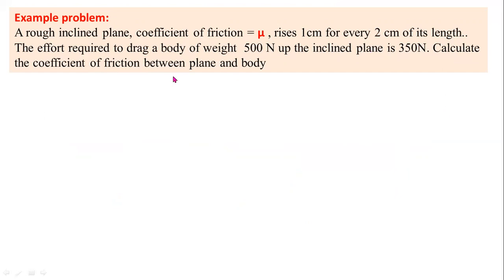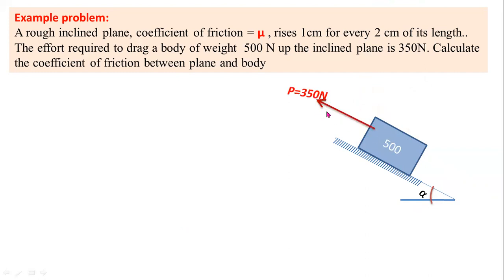First of all, you have to identify the given values. Okay, the given problem is an inclined plane problem. So let's consider an inclined plane and it makes an angle theta or alpha with respect to the horizontal. Okay, this is the weight of a block. W equal to 500 newtons is the self weight of the block.